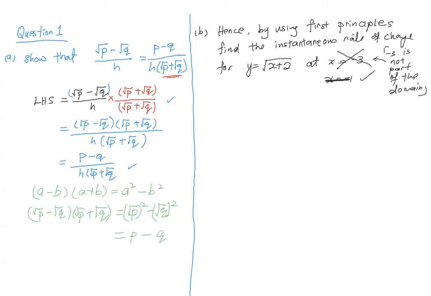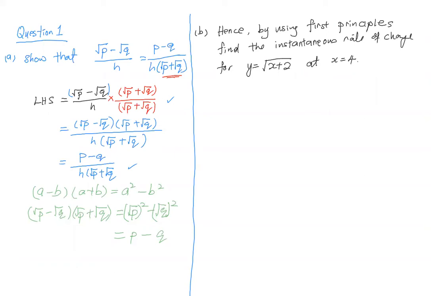Okay, so I want you to find at x equal to 4. Okay, so what we need to do is we still go back to our first principle. What is our first principle?